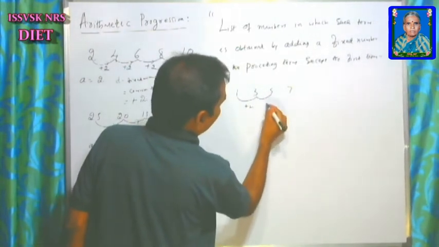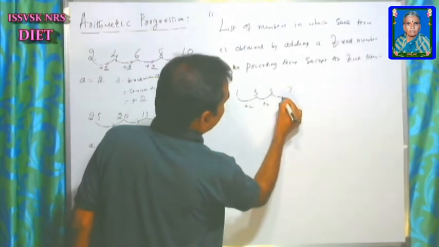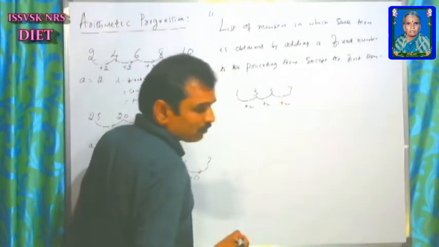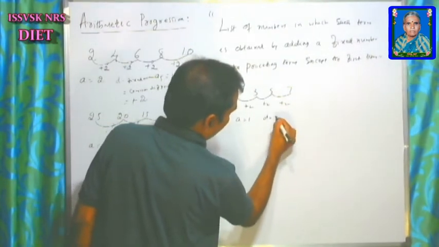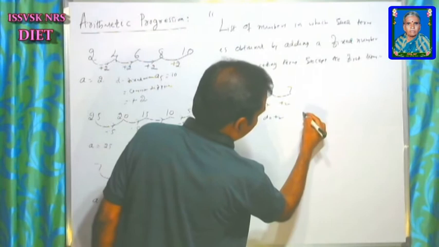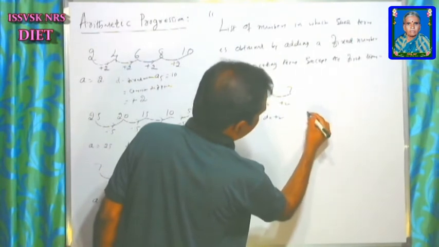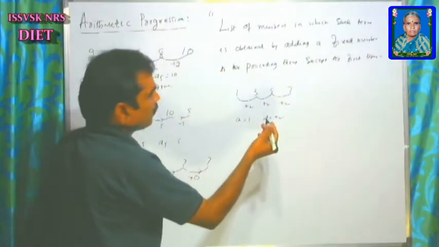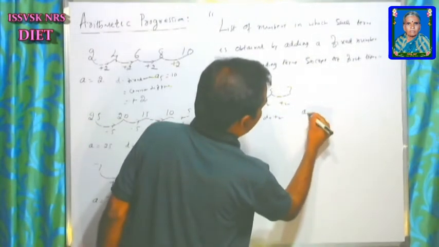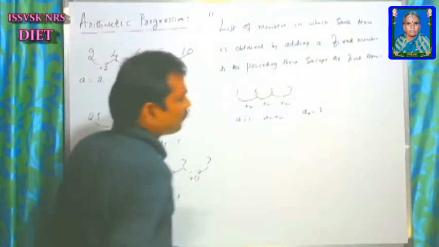First term a is equal to 1, d is equal to plus 2. We don't have the last term; the last term is not known here. So the last term an is equal to question mark.